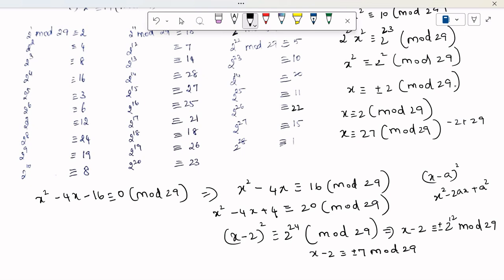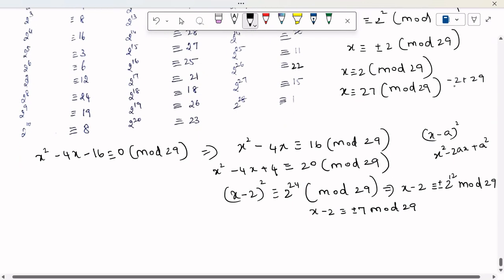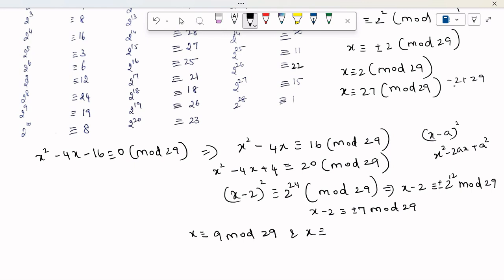Now what are the possible values of x? One possible value is 9 mod 29, and another possibility is x congruent to -5 mod 29. Here we are trying out the two possibilities of 7.